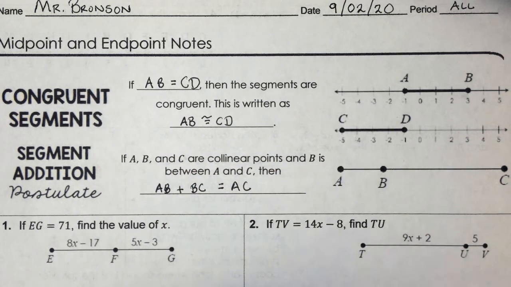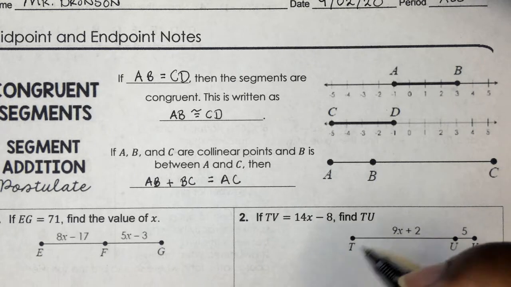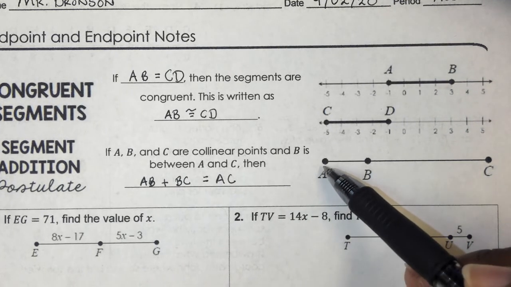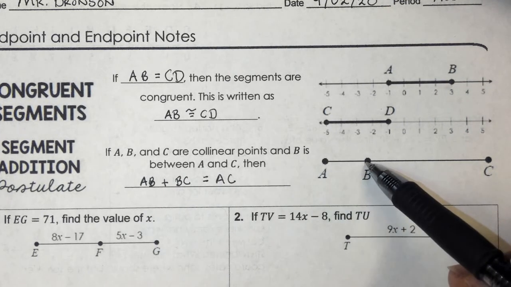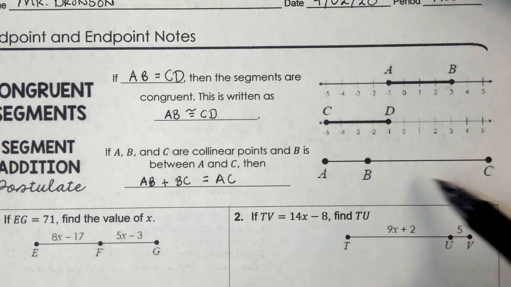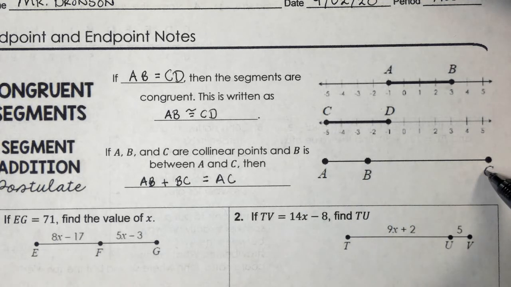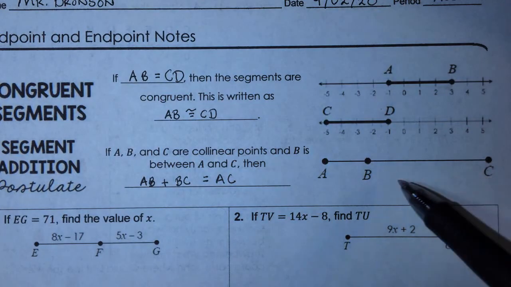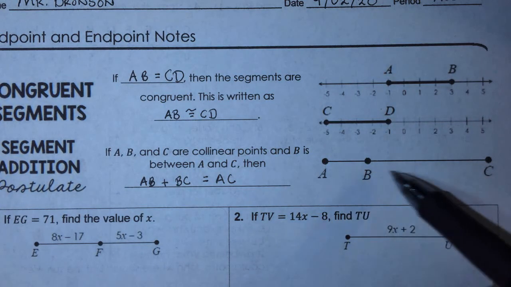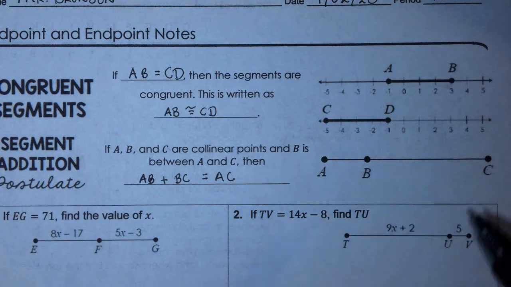That's our segment addition postulate. It's pretty simple to understand too. All it's saying is the segment from A to B plus the segment from B to C would equal the whole thing AC. So it's basically a part plus a part equals the whole segment.